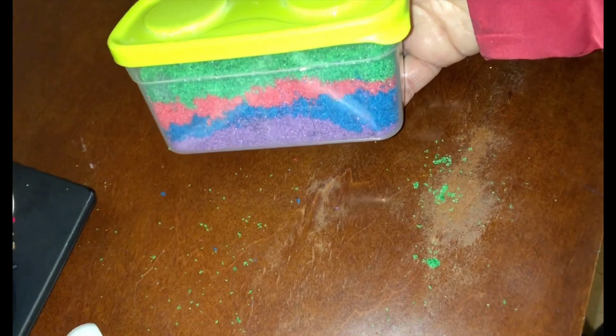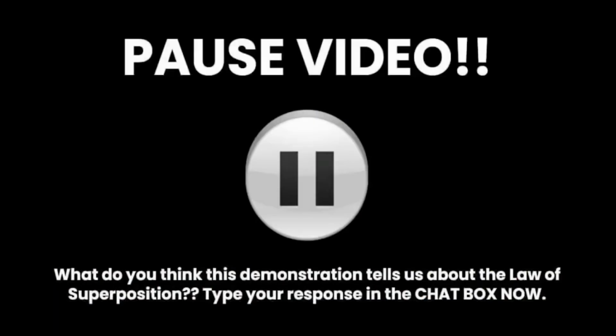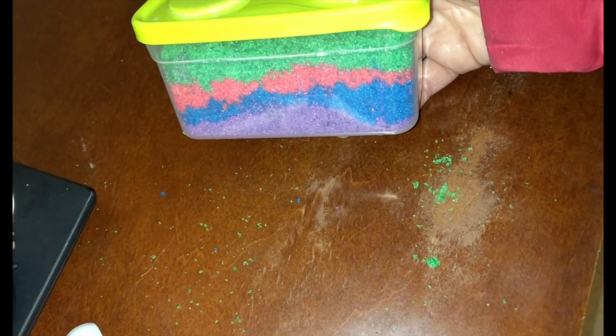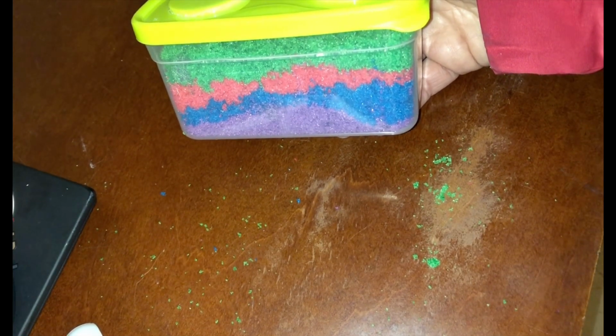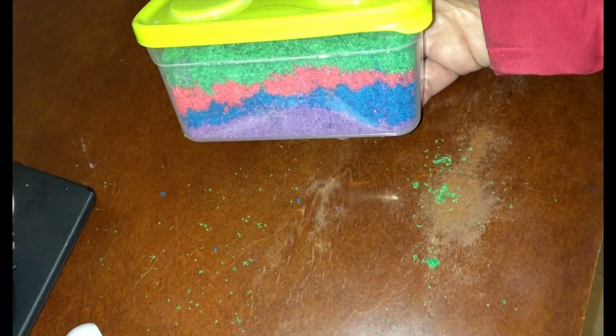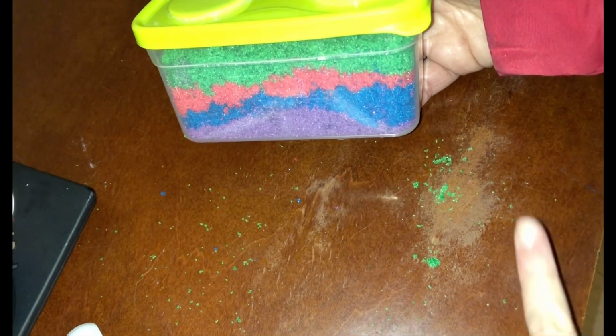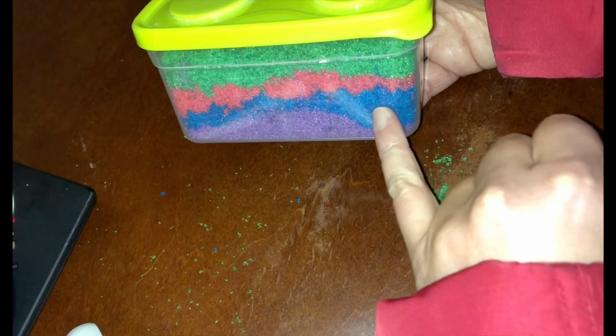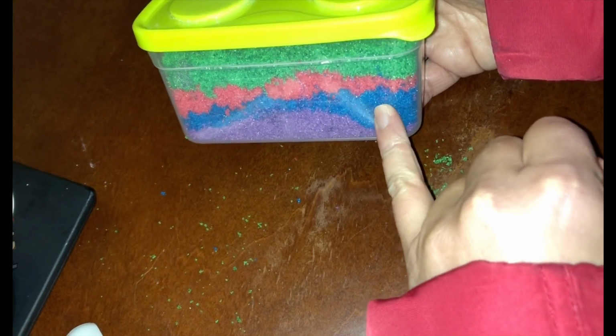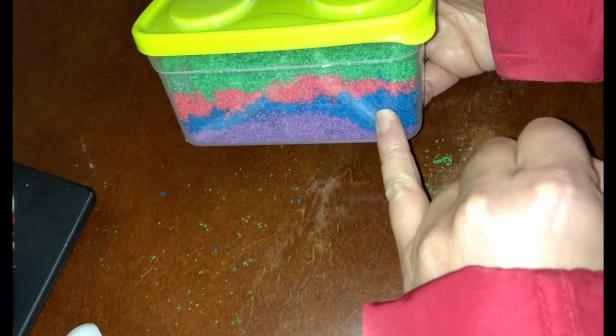All right, so you can see we have the purple that we started with. It's at the bottom. That makes it the oldest. So any fossils found in the bottom layer are going to be your oldest fossils. In the next layer, this will be your next oldest fossils and your next oldest layer.